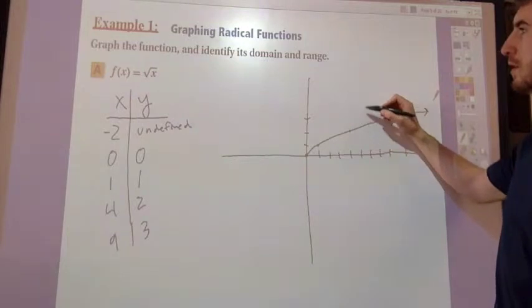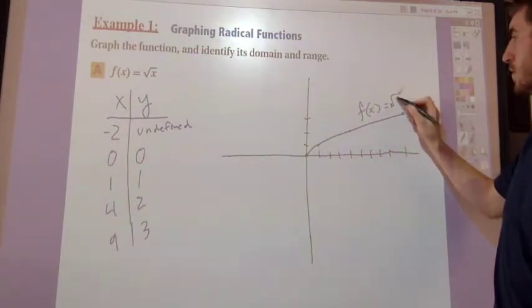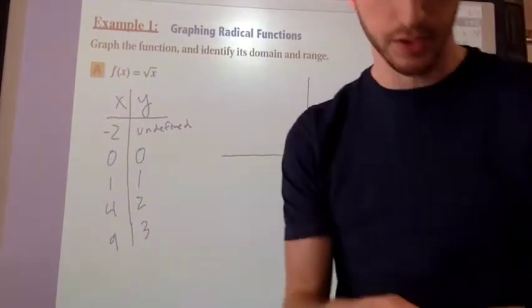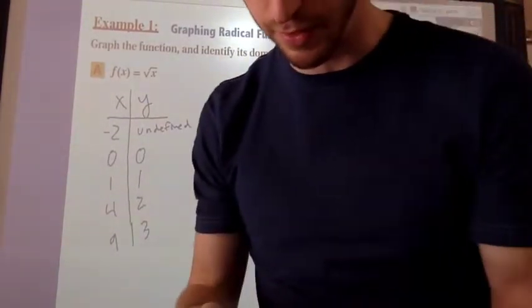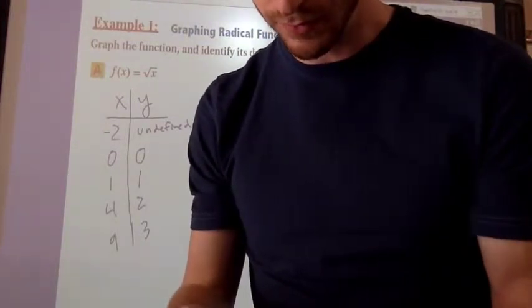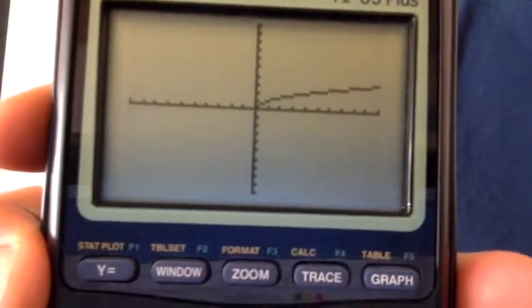Like so, and this is our graph f of x equals the square root of x, and it looks like that. If you want to graph it in your calculator, it's good just to familiarize yourself with what it looks like, just so you kind of know visually. That's what it's going to look like on your calculator.